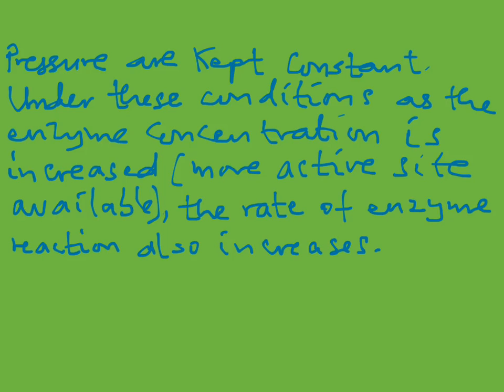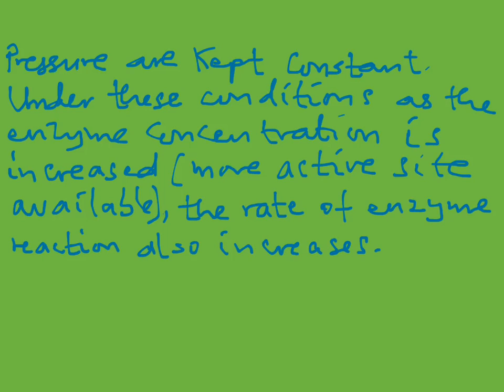Because we will realize that if we have, for instance, maybe 10 substrates in the medium, and we have 5 enzyme active sites, we now see that these 5 sites will be occupied by the substrate.